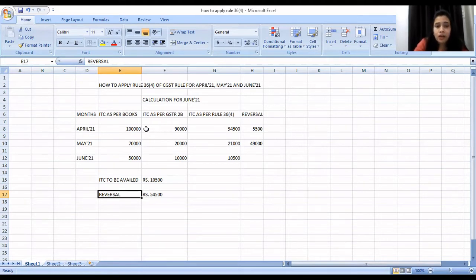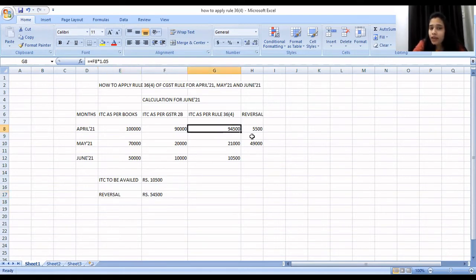Let's see. So ITC which was reflecting in GSTR 2B is 90,000. And as per Rule 36 Sub Rule 4, I can take only 5% extra of the ITC reflecting in GSTR 2B. So 90,000 plus 5% equals to 94,500.